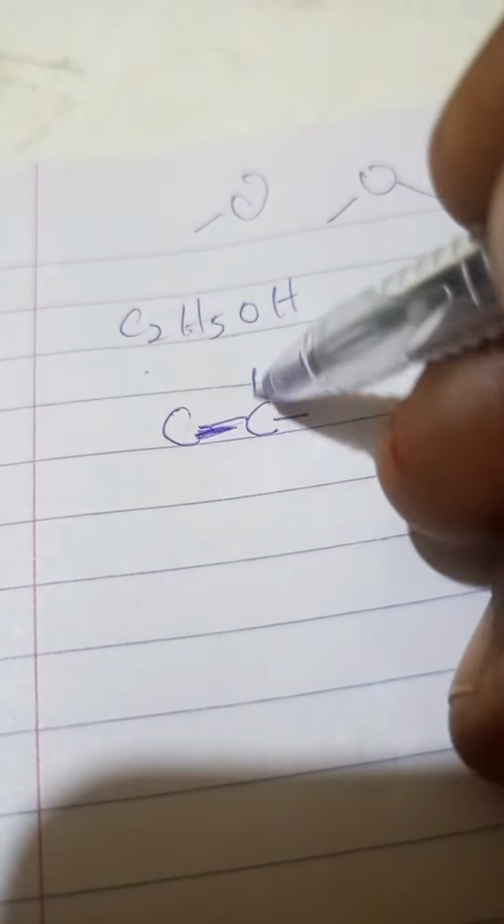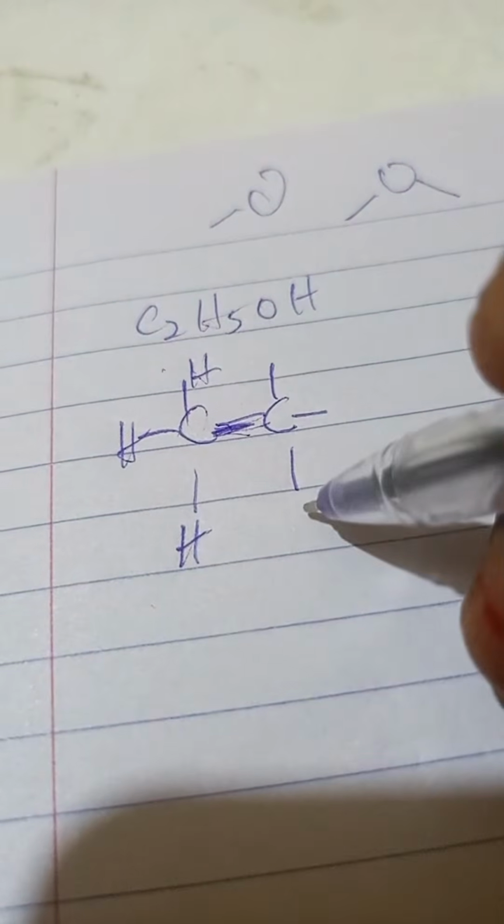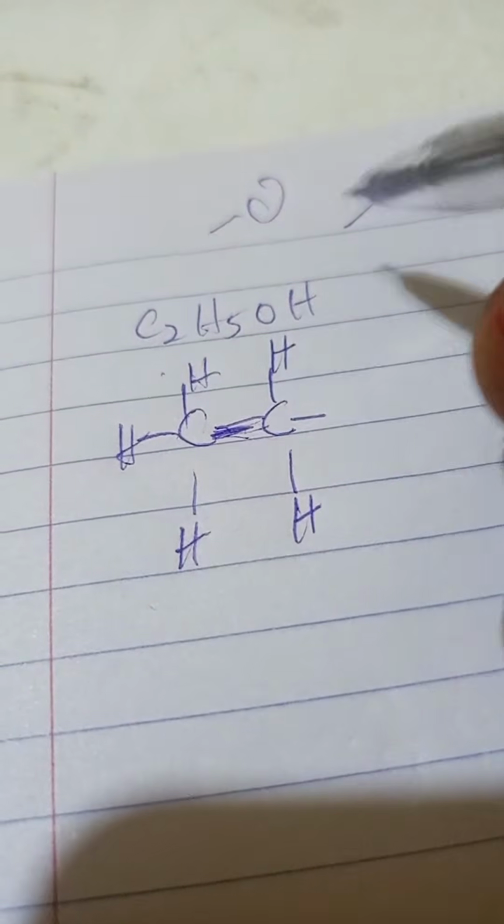So I need 2 carbons, and each carbon has 4 lines coming out of it. Now I attach hydrogens: 1, 2, 3 on one carbon, and another 2 on the other. How many now? 5. That's 1, 2, 3, 4, 5.